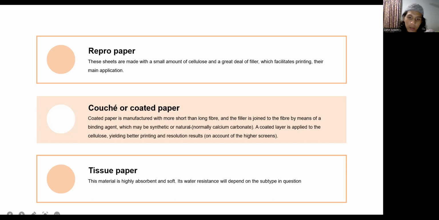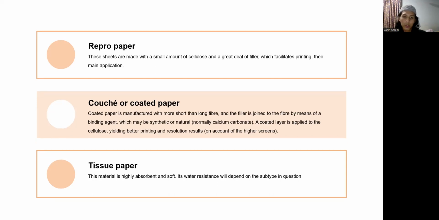The second one is coated paper. Coated paper is manufactured with more short than long fiber, and the filler is joined to the fabric by means of a binding agent, which may be synthetic or natural. Normally, it uses calcium carbonate.